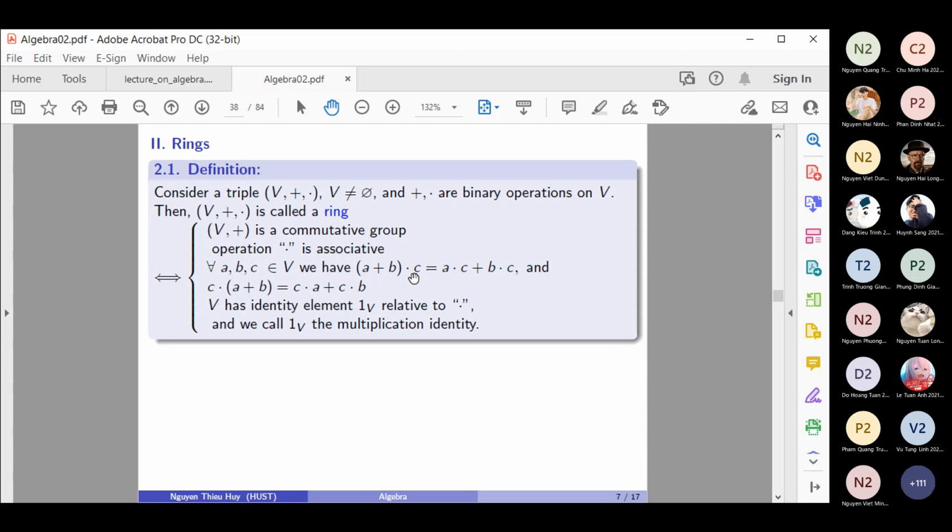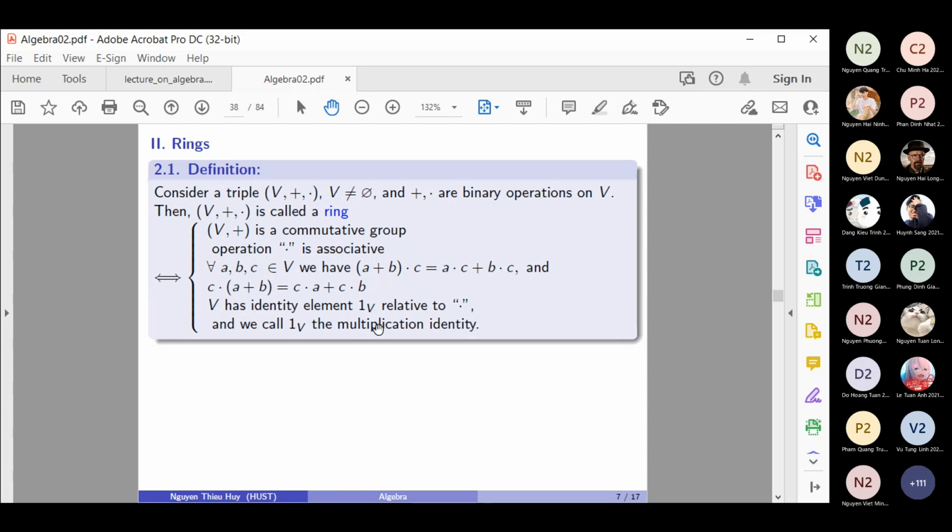But remember, the multiplication here may not be commutative, so you have to write the property in different orders. Of course, if the multiplication is commutative, then you need only one order, because if you change the order, it is the same. But here the multiplication may not be commutative, so we have to write both orders.